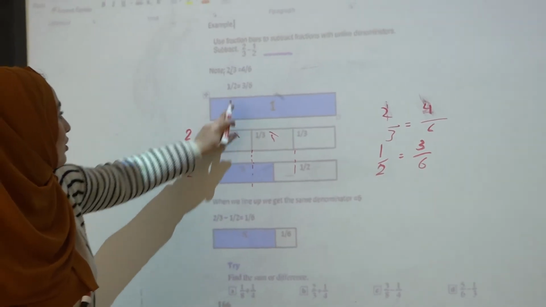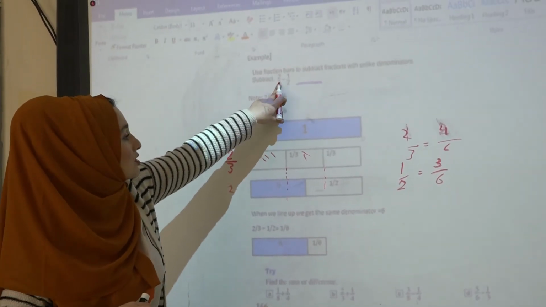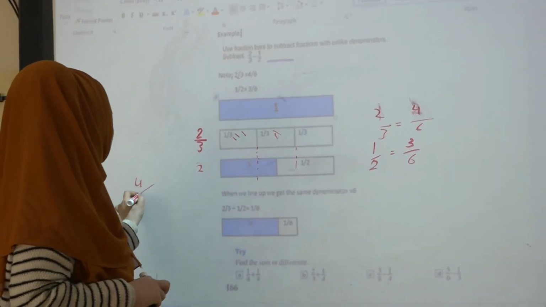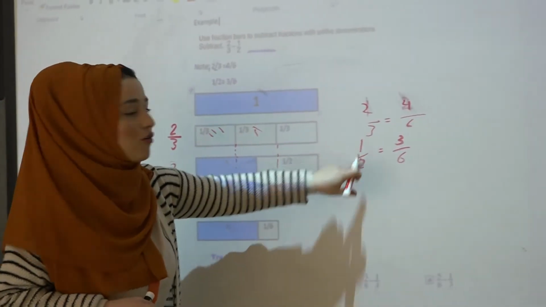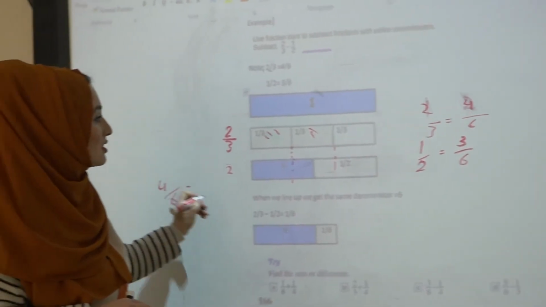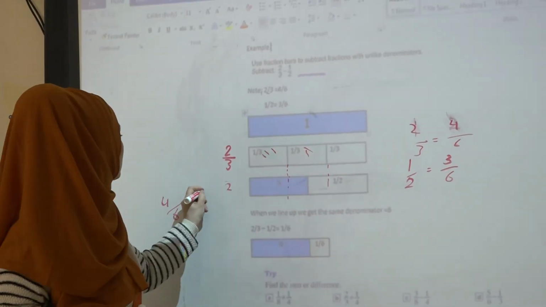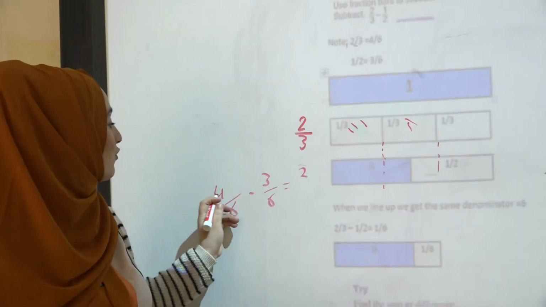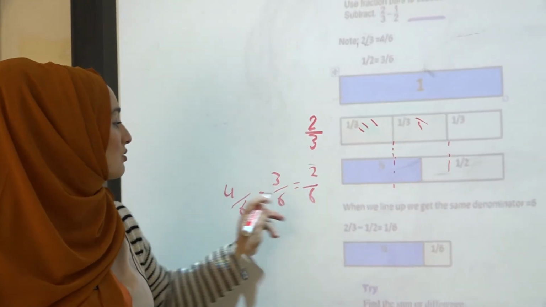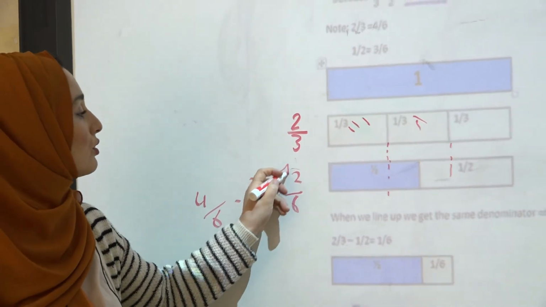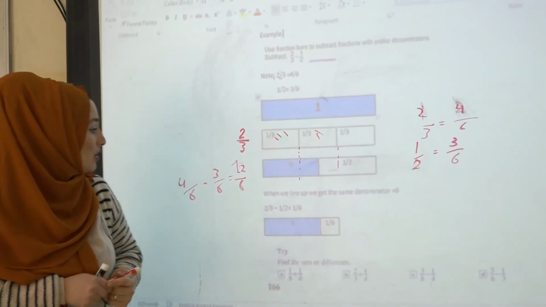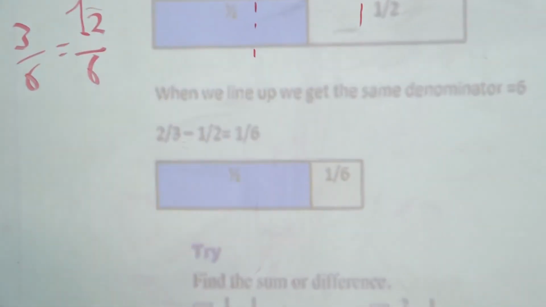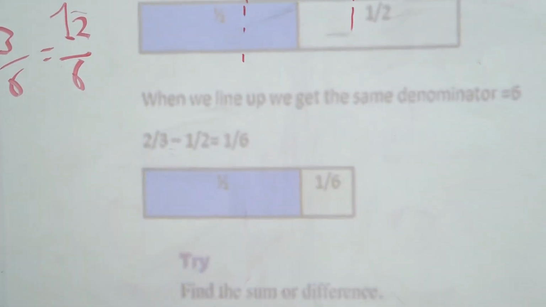Instead of 2/3 we use 4/6, and instead of 1/2 we subtract 3/6. So it equals how many? Directly we know, we have the like denominator 6, 4 minus 3 equals 1. So the result is 1/6.